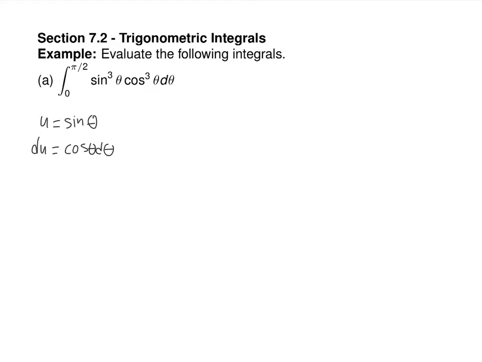So we're going to take this integral and we're going to break it into the integral from 0 to pi halves sine cubed theta times cosine squared theta times cosine theta d theta. And that stuff is saved for later. The cosine squared becomes 1 minus sine squared.